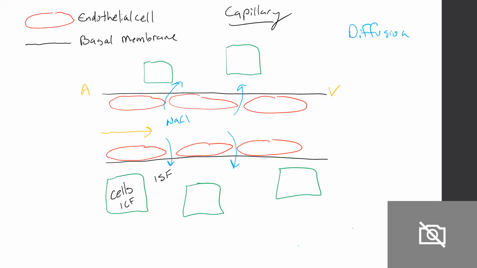Again, it's really just following the concentration gradient. What's important to understand is that it really equilibrates, but it has to go through those intercellular clefts. Another one similar to that would be glucose. Glucose is a small charged molecule, so again, it can't pass through the plasma membranes, but it can diffuse through the intercellular clefts.